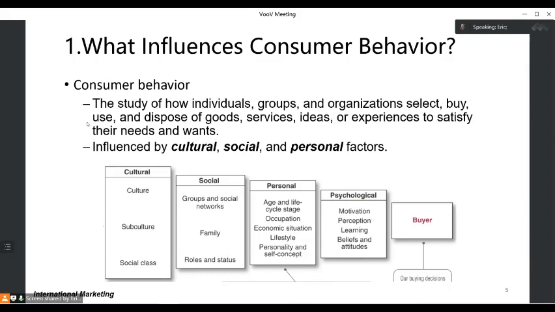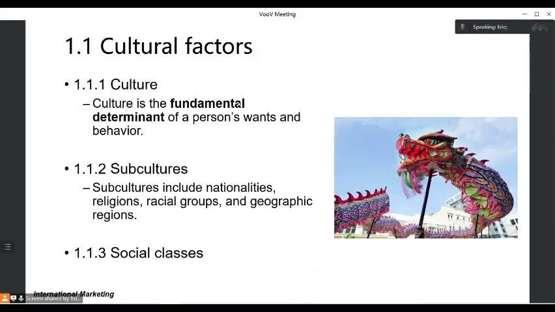About these influence factors, the first thing is culture. In the chapter before last, we discussed cultural factors.